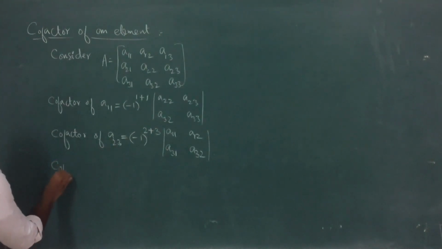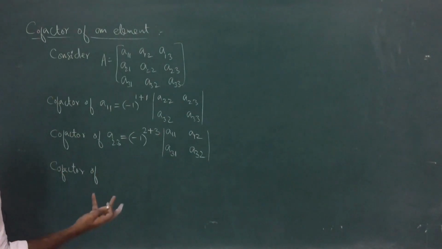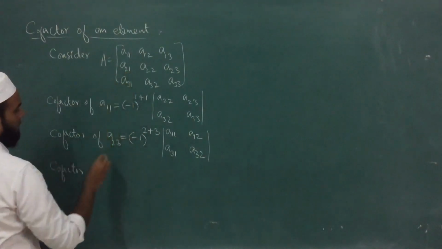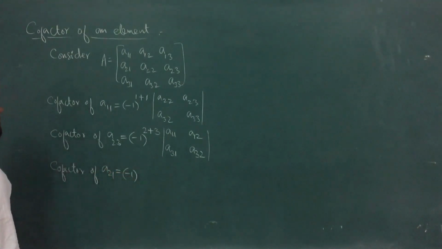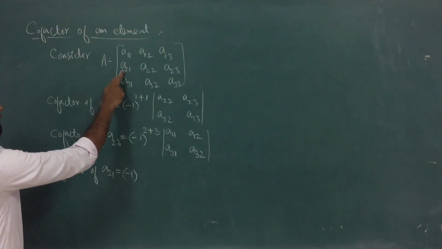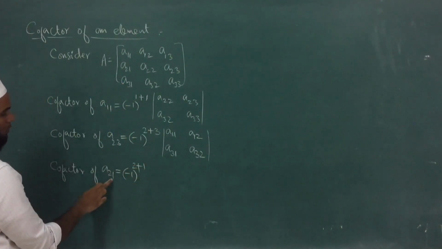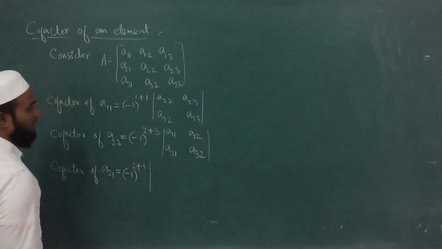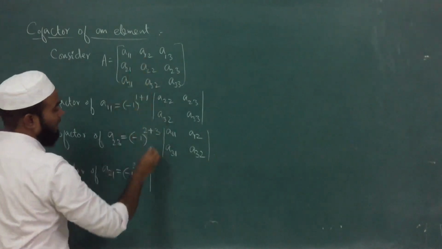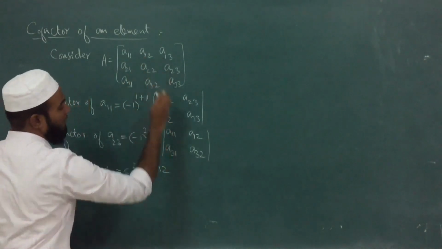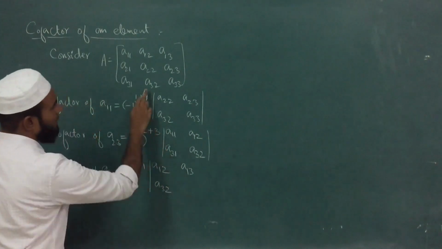Similarly, to consider one more entry, let us consider A21. Cofactor of A21 is minus 1 power row number 2, column number 1, so minus 1 power 2 plus 1. This is multiplied with the minor: remove this row and this column, and we get A12, A13, A32, A33.